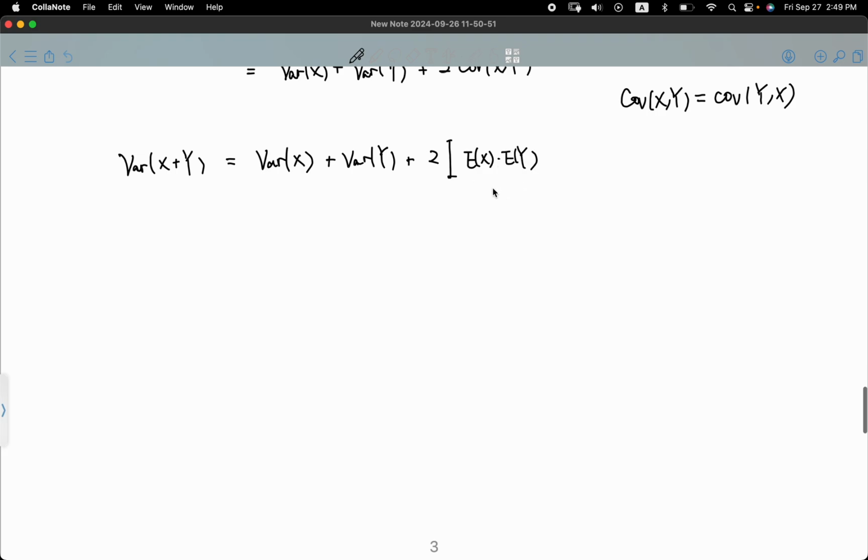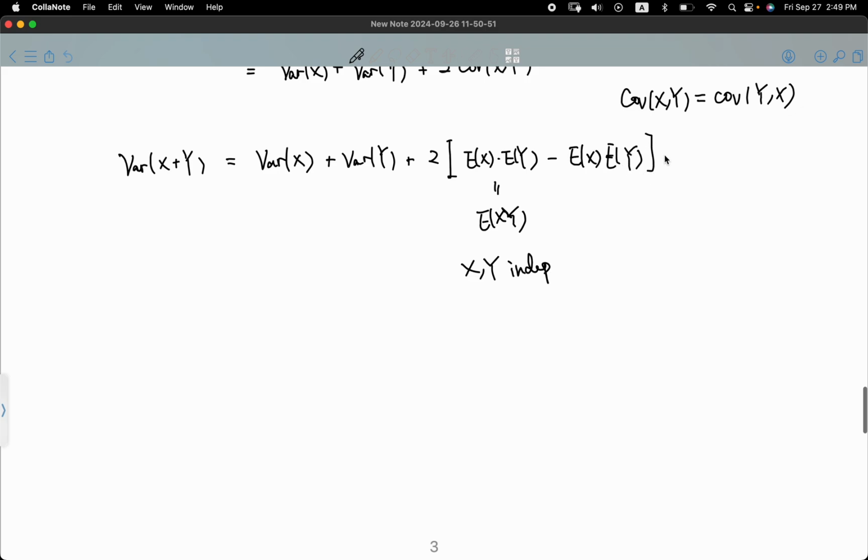This is true only when x and y are independent. Most of the time this is false, but it holds when they are independent.